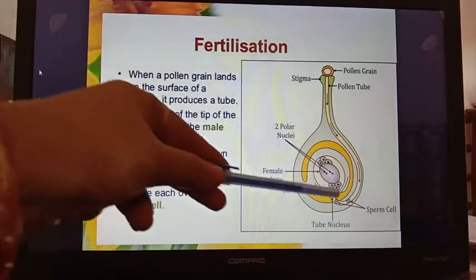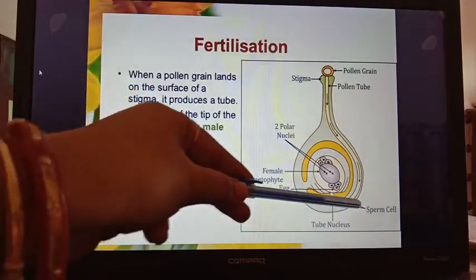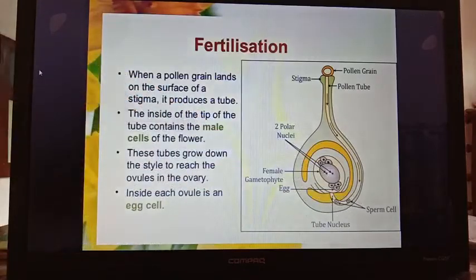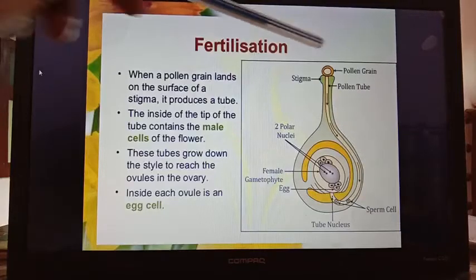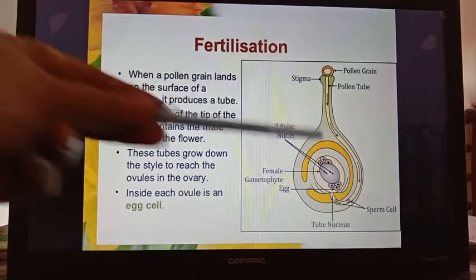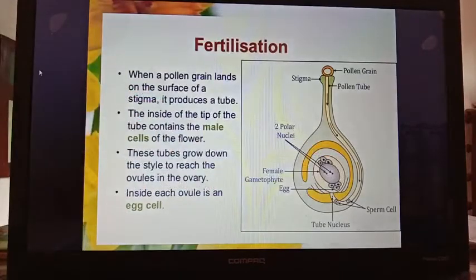Here you can see at the tip of the pollen tube, two male cells, male gametes or sperm cells, are present. These tubes grow down the style to reach the ovules in the ovary. Inside each ovule there is an egg cell, which I already told you when discussing the gynoecium structure.